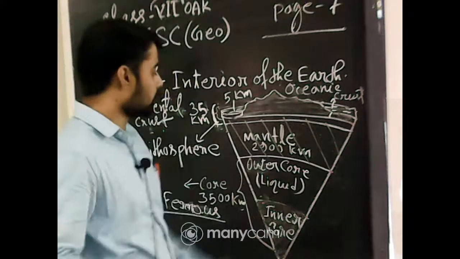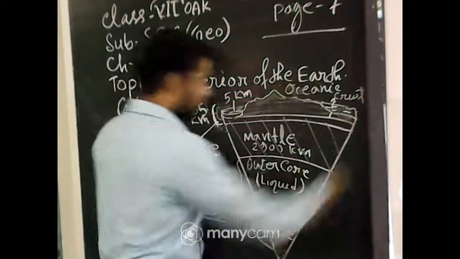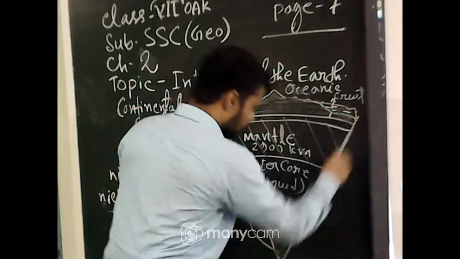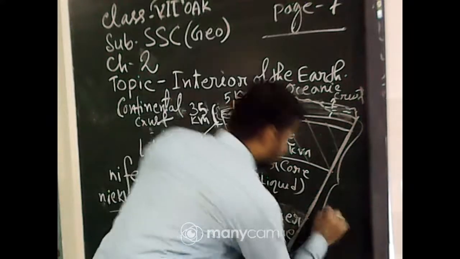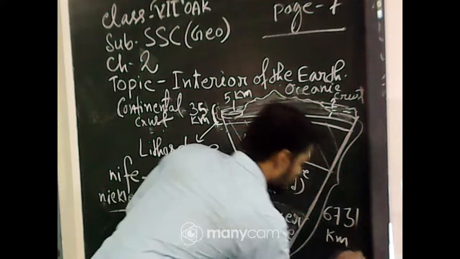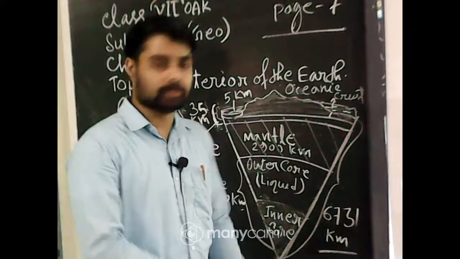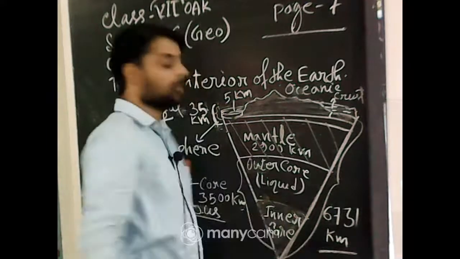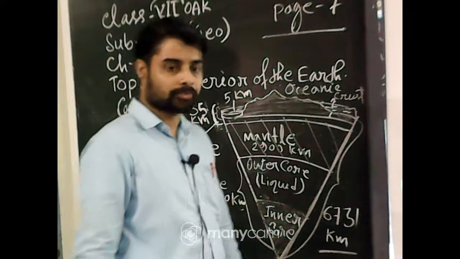So in this way, the radius of the earth, from the beginning to the end, that entire portion, is 6731 kilometers. It is the radius of the entire earth up to the center of the earth.